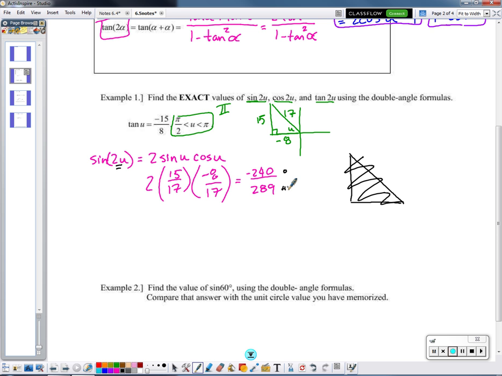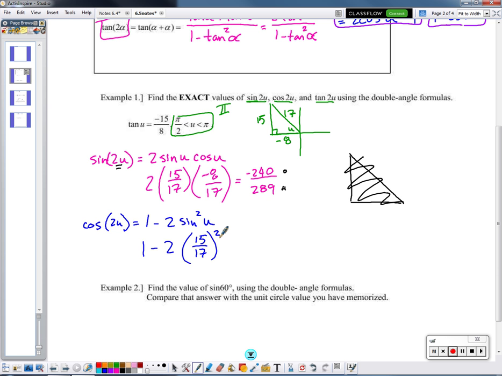So if I want to find the cosine of 2u, I'm going to pick one of my trig functions. It doesn't matter which one I pick. Sine is positive, so maybe I'd just use 1 minus 2 sine squared of u. So that's 1 minus 2 times sine of u, which I know is 15 over 17, squared.